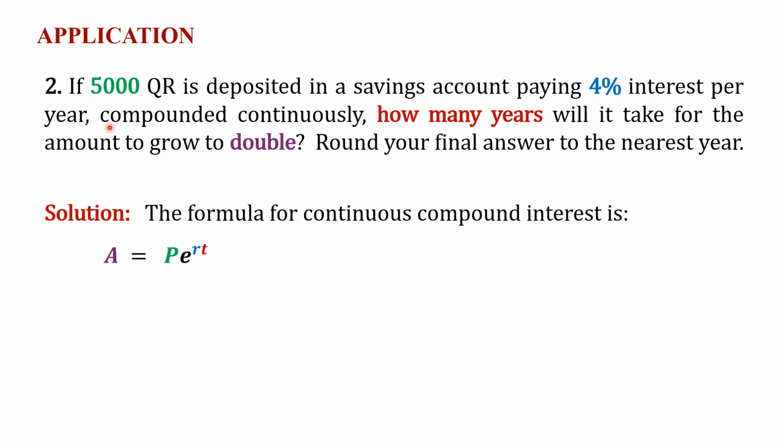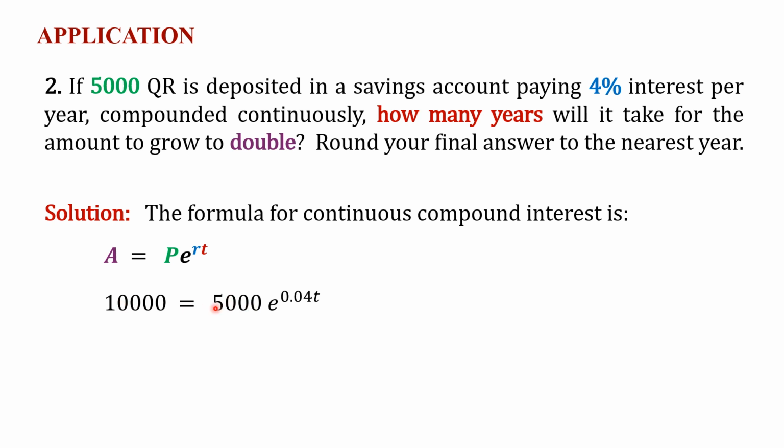So if you substitute in the formula, A is 10,000, P is 5,000, then e to the power 0.04 because of this 4%, times t. Since this equation is an exponential equation and the unknown is in the power, we can change this into log form. But before doing that, we have to make sure that the coefficient of this exponential e to the power 0.04t is 1. So we need to get rid of this 5,000.